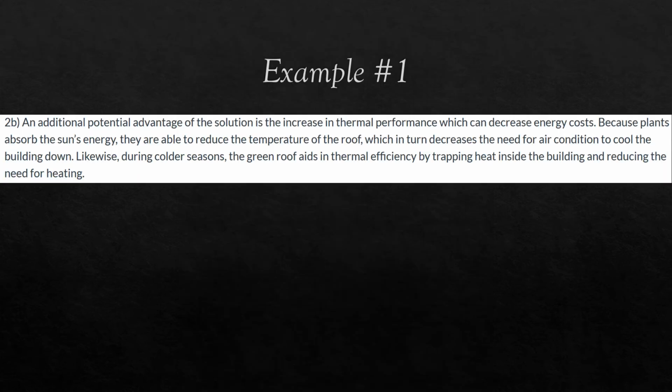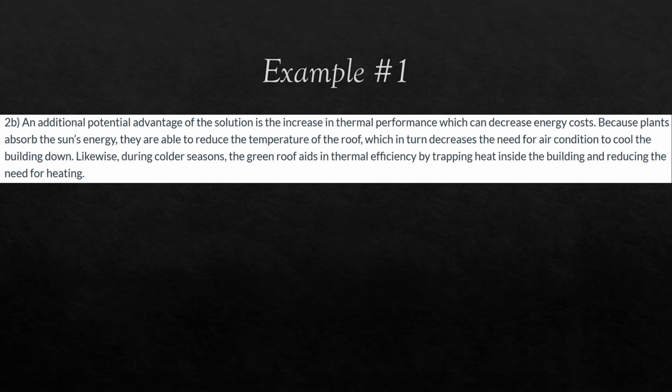So example number 1. An additional potential advantage of the solution is the increase in thermal performance, which can decrease energy costs. Because plants absorb the sun's energy, they are able to reduce the temperature of the roof, which in turn decreases the need for air conditioning to cool the building down.